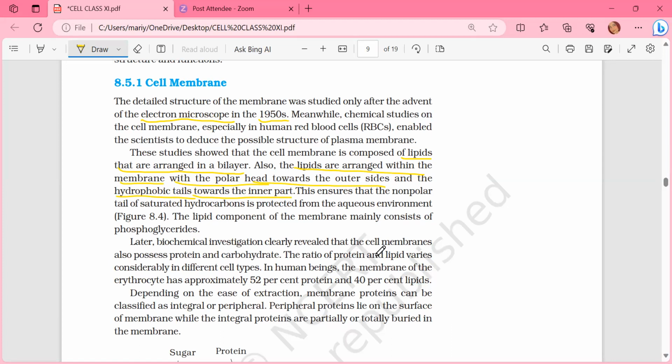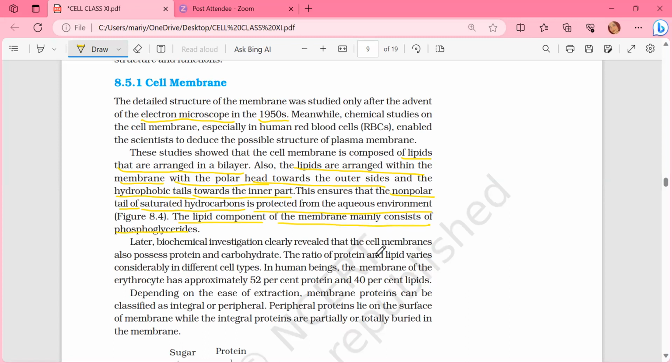This ensures that the non-polar part, the tail of the saturated hydrocarbon, is protected from the aqueous environment, and the lipid component of the membrane mainly consists of the phosphoglyceride.